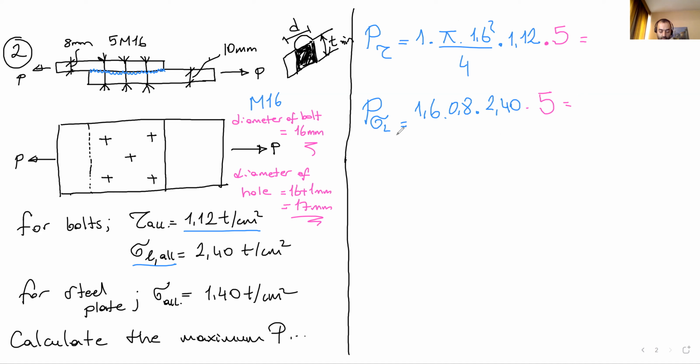Where is my calculator? Here we go. 1.6 squared times P times 5 over 4. Here, the result is this one.